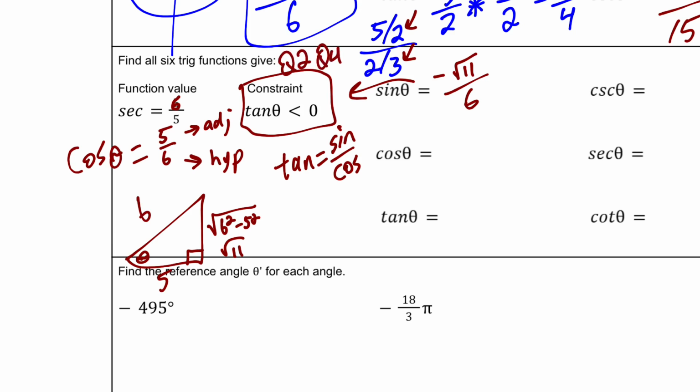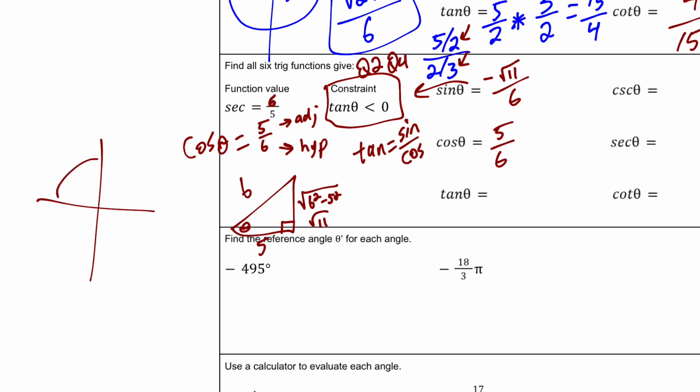For cosine of theta, using this reference angle, I'm going to choose 5 over 6. And if that still doesn't make sense, here's a visualization that my cosine here goes to the right, 5/6. My sine goes down 11/6, so this is 5/6. This is the root 11, and then this is my hypotenuse, which is going to be the 6.